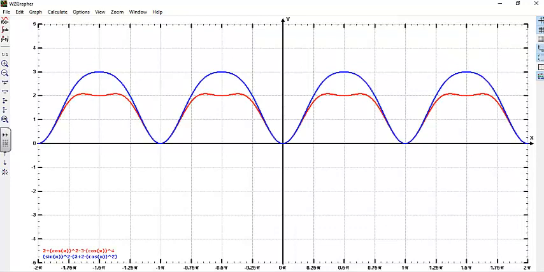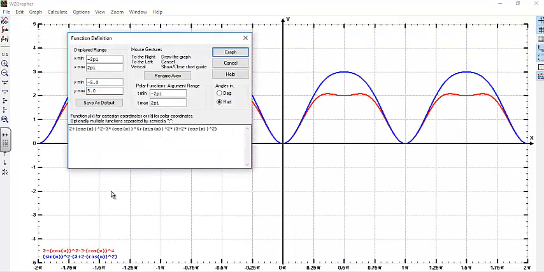So let's open up our graph here. I'm going to do it again. Sine of x to the fourth power minus 2 times the sine of x squared plus 1, the whole thing times cosine of x.